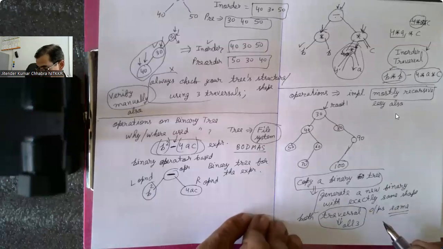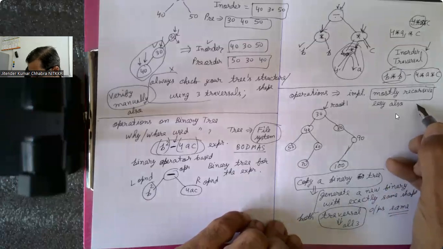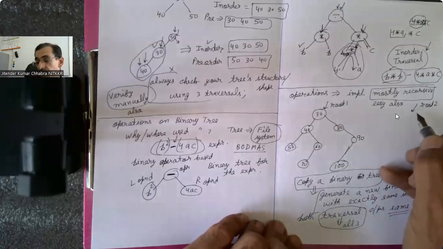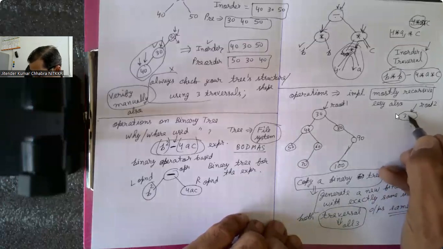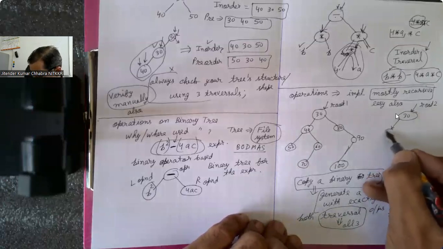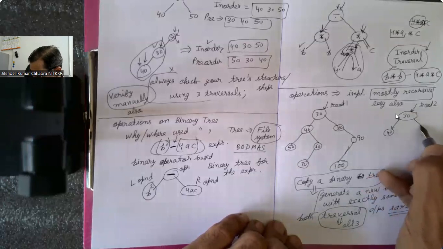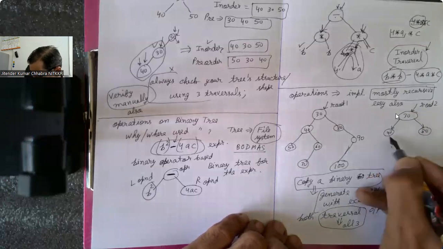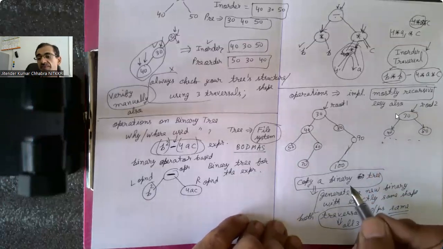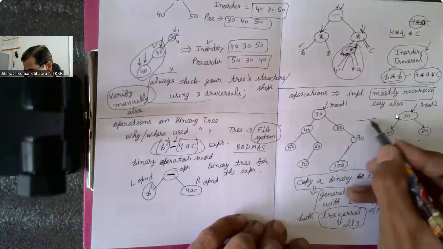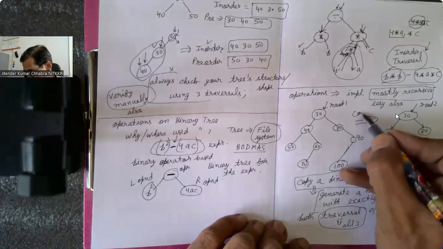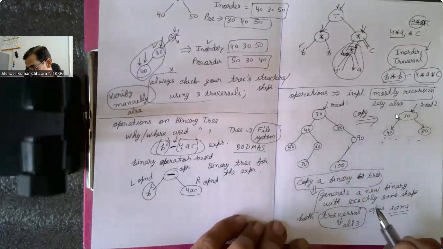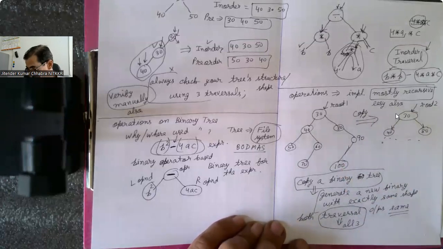Effectively, it means I should be able to have another root 2 where this is 30, this is 40, and this is 80, and so on. So this should be copied. Like copy a file, copy an array, copy a binary tree, copy a linked list.